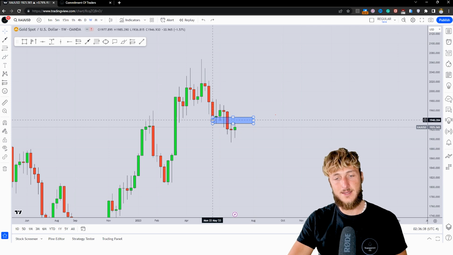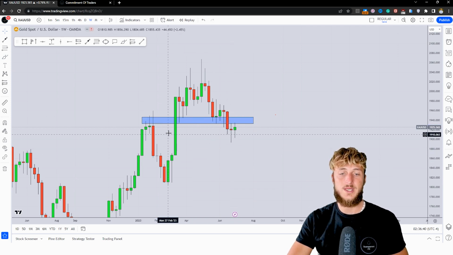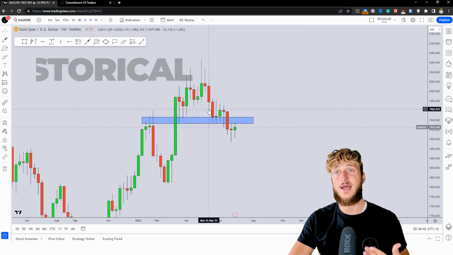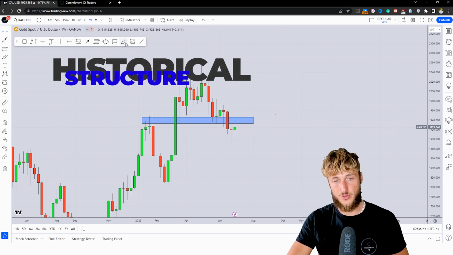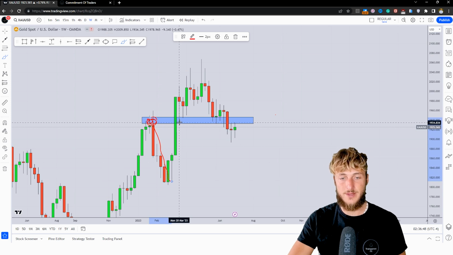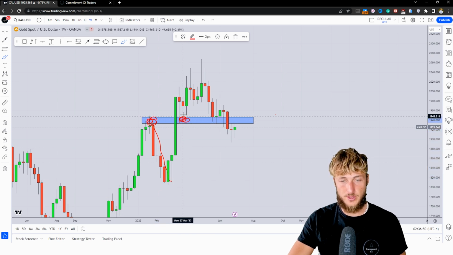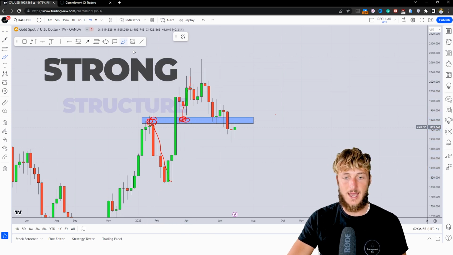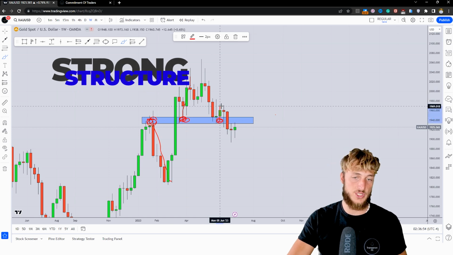Now, if we extend this zone to the left, we can see how this was also actually a historical structure level for this market, acting as previous resistance here, preceding all this move to the downside, which was then turned support here, preceding this rejection to the upside, again acted as support here, as we just said.